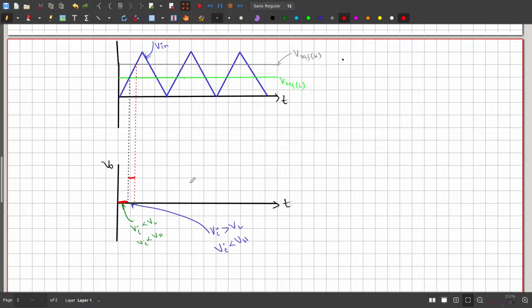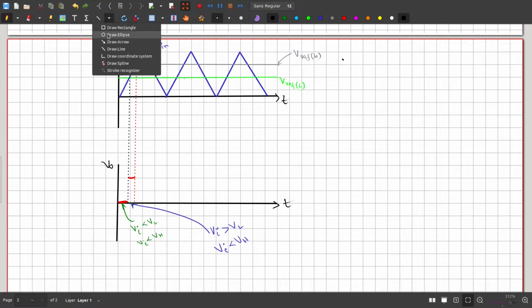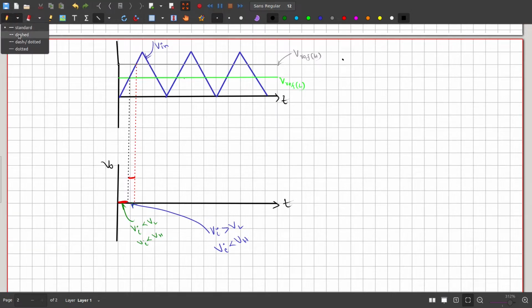Okay, so what if our input voltage is greater than both the lower and higher threshold? Here it is greater than VrefL and VrefH, in this region.